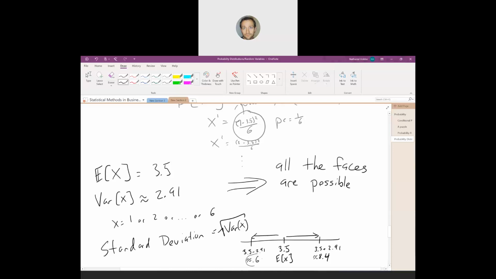But this 0.6 doesn't really mean much because it's in squared units. So instead, if you take the square root of this, I'll call it about 1.3. Standard deviation is about 1.3.